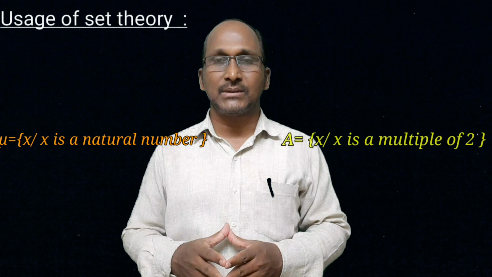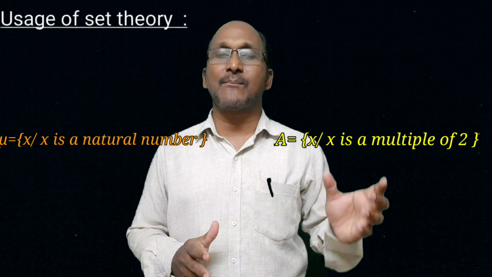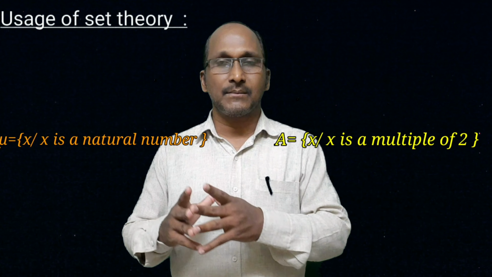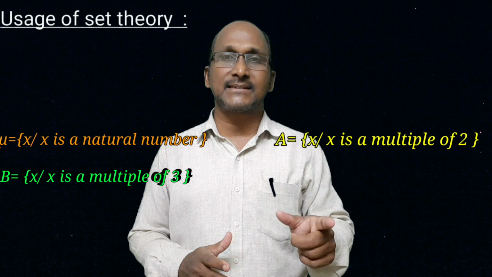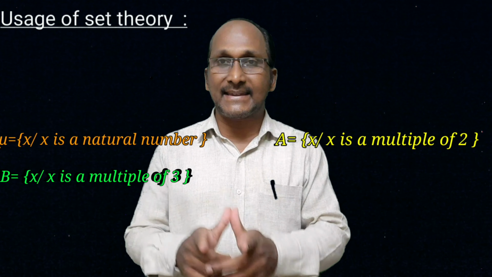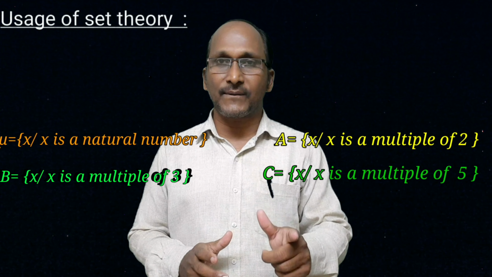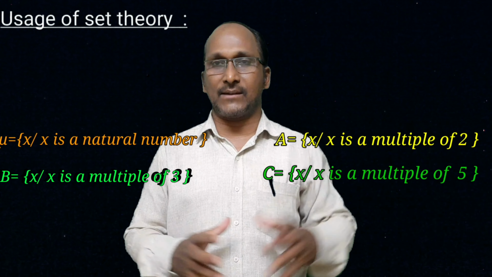A is equal to the set of x such that x is a multiple of 2. The set B is equal to the set of x such that x is a multiple of 3. And the set C is equal to the set of x such that x is a multiple of 5.